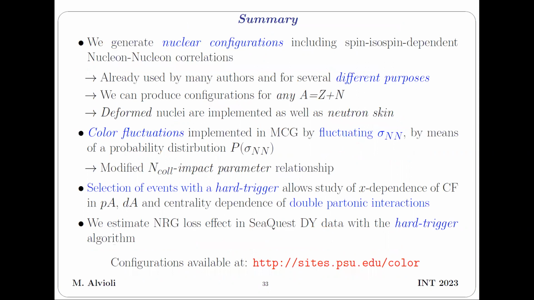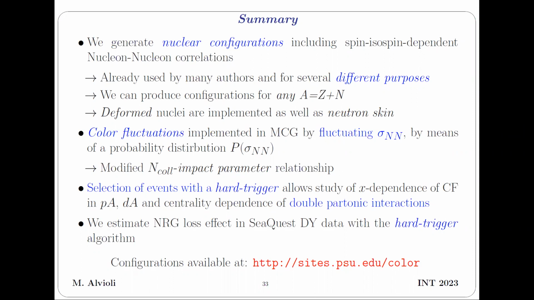And okay. So I believe I just have time for this short summary. So what I told you is we generate nuclear configurations, including spin and isospin dependent nucleon-nucleon correlations. The configurations produced this way were already used by many others and for different purposes, including the ones I've shown in this presentation.